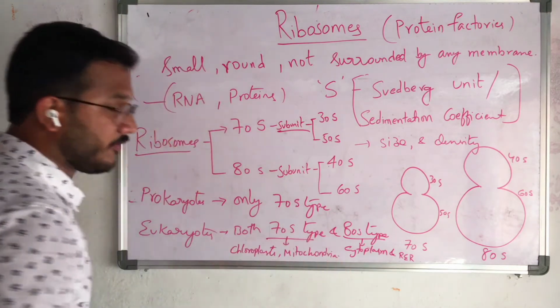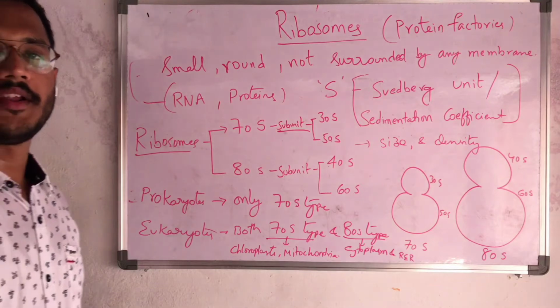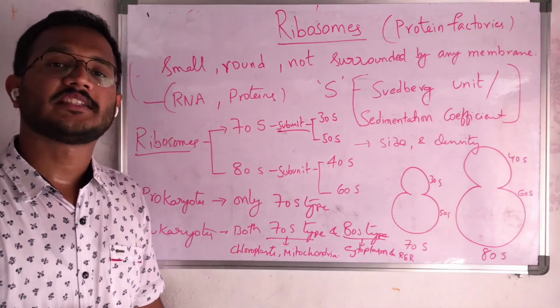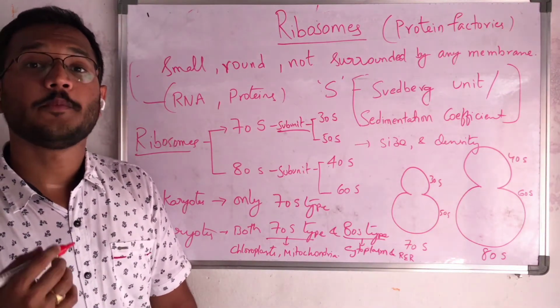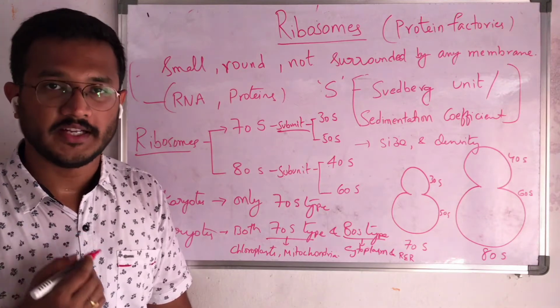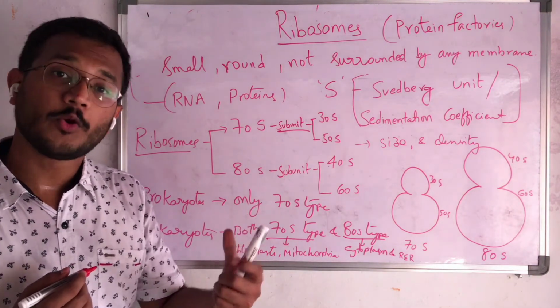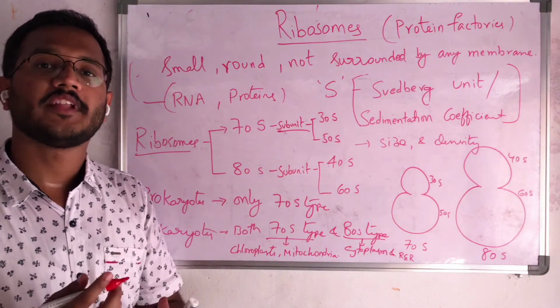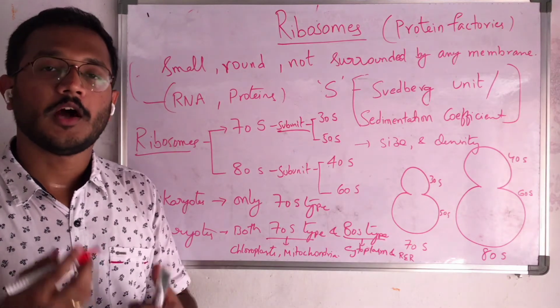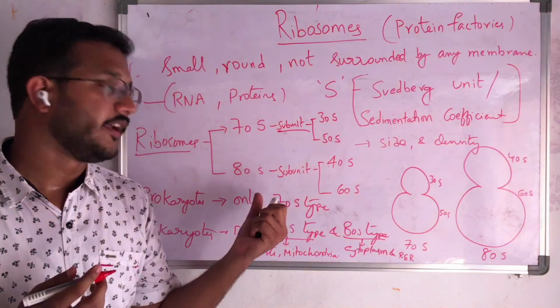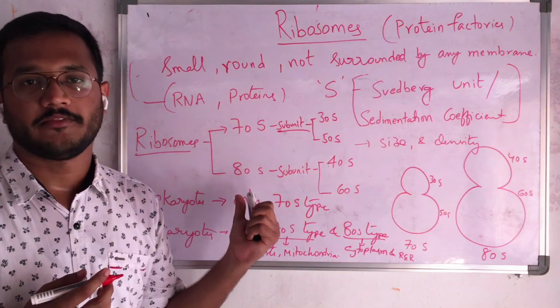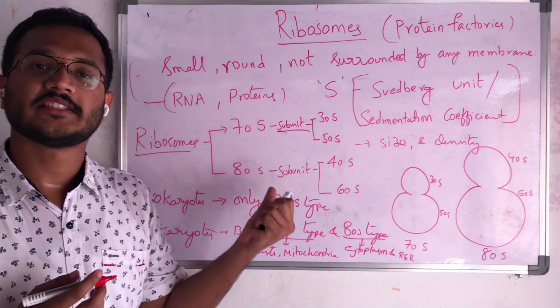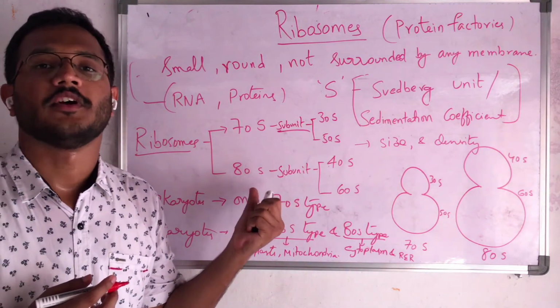Yesterday, when we were discussing mitochondria and chloroplasts, I discussed that they are semi-autonomous cell organelles. That means they have their own DNA and their own protein machinery. How are the proteins synthesized? Here the doubt was clarified. Proteins are synthesized due to the presence of ribosomes.